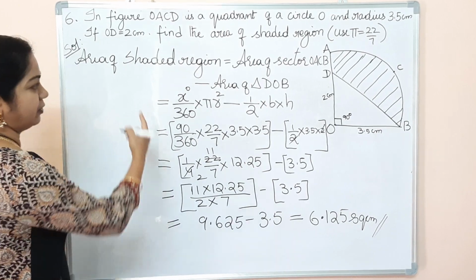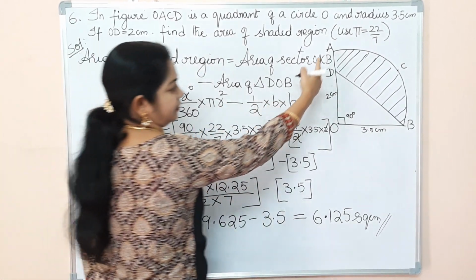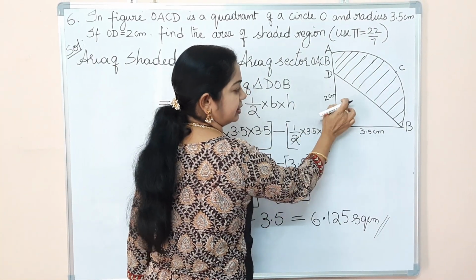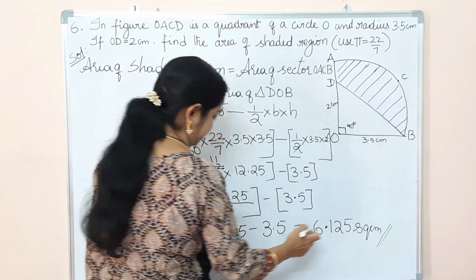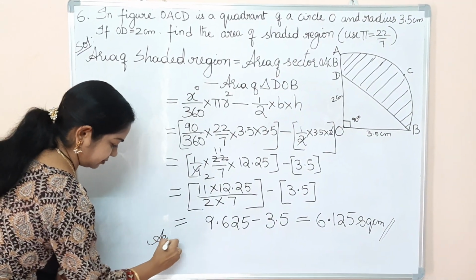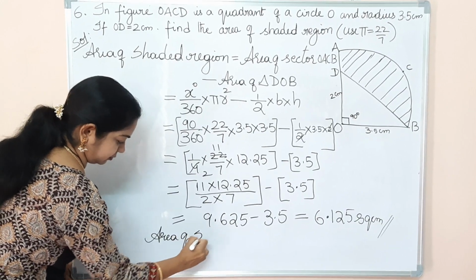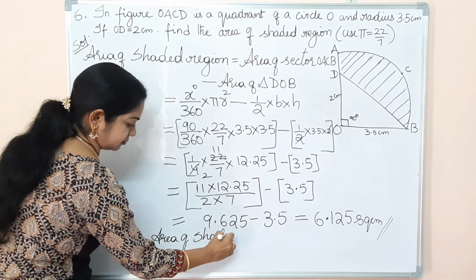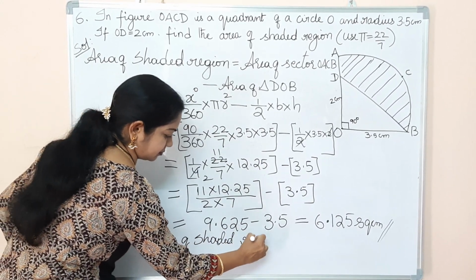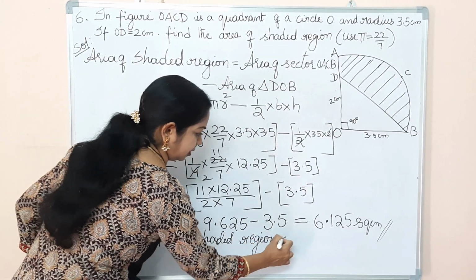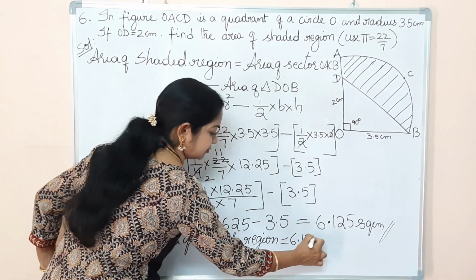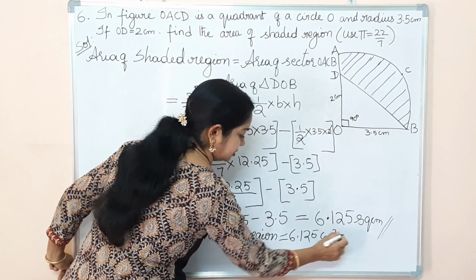So this is the area of the shaded region. We have found it from the area of the sector minus the area of the triangle. So area of the shaded region is equal to 6.125 centimeter square.